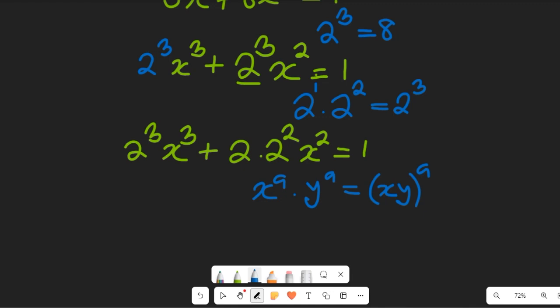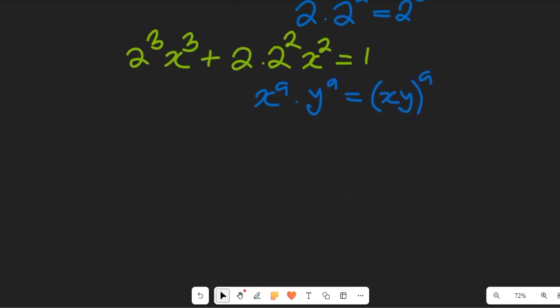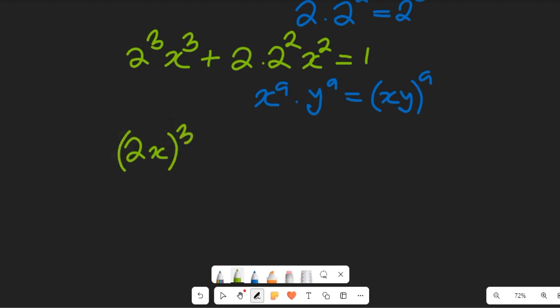So if I apply that to that expression, it will now give me 2x all to the power of 3, plus 2 multiplied by 2x all to the power of 2, and this will be equal to 1.